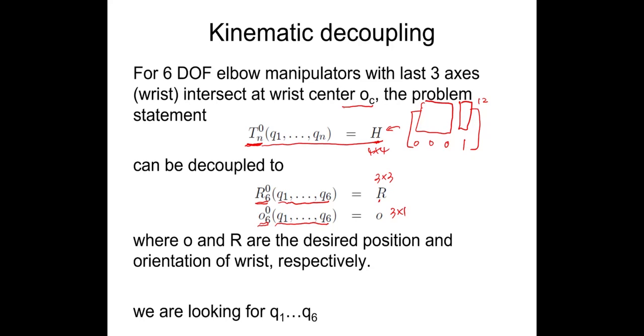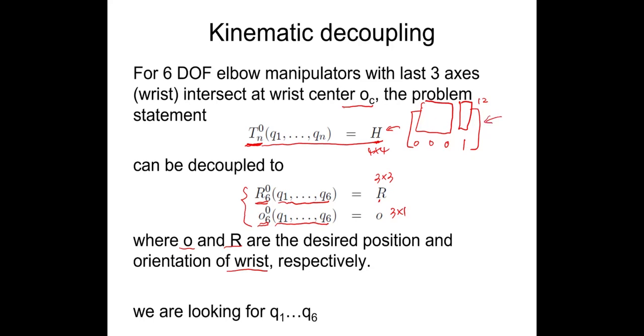So now instead of these 12 elements, we can decouple this question into these 2 equations. And again, O and R, the desired position and orientation of the wrist, are the given values we want to achieve, which are real numbers.